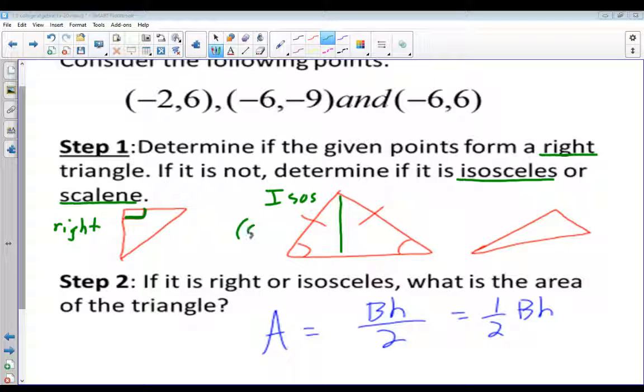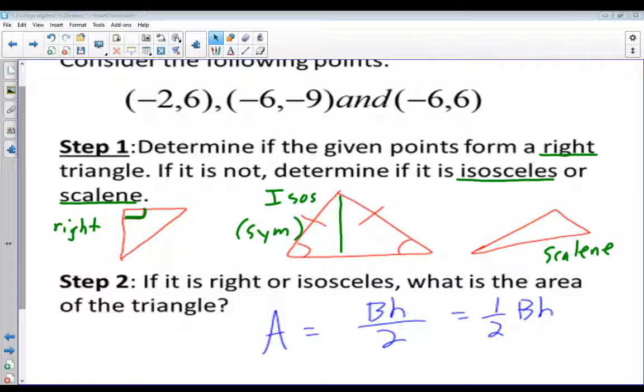But more importantly, just make sure that you remember isosceles is symmetric. Scalene is a triangle that is neither right nor isosceles. It's just a triangle that doesn't have any congruent angles or sides. Just a very awkward triangle.